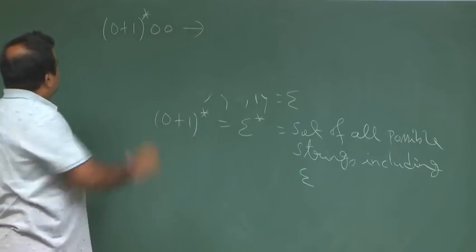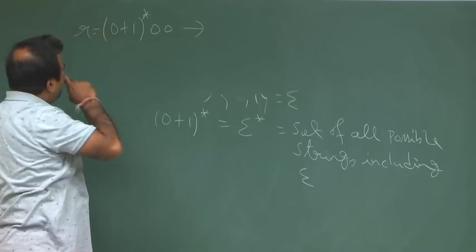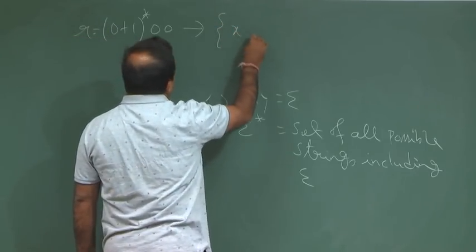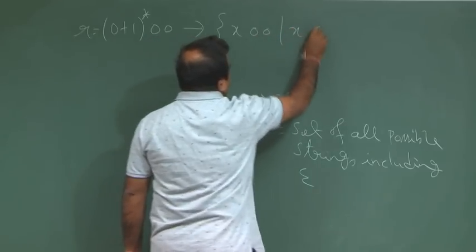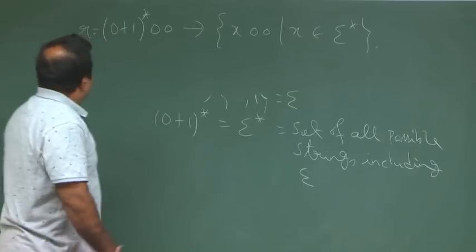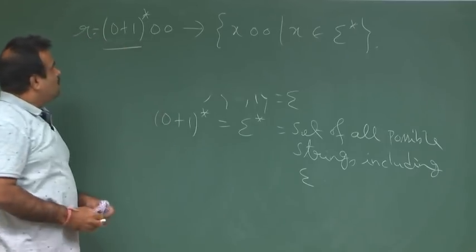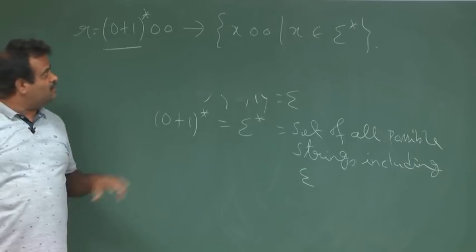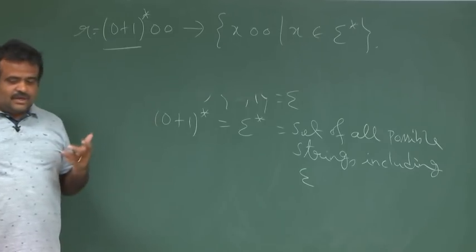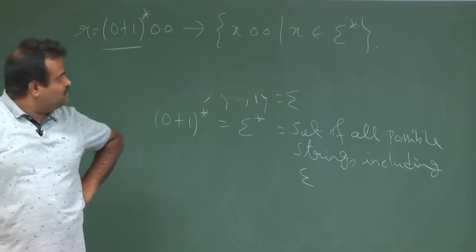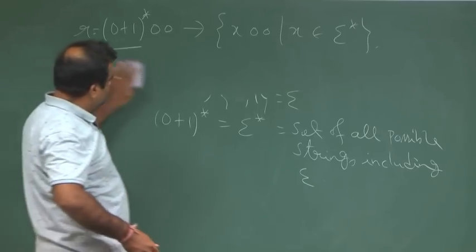The language is nothing but x 0 0, because x could be epsilon or any other string. So, this is the language corresponding to the set of all strings ending with 0 0.